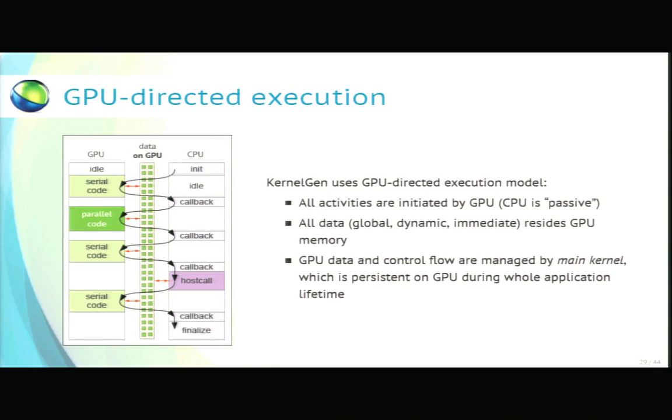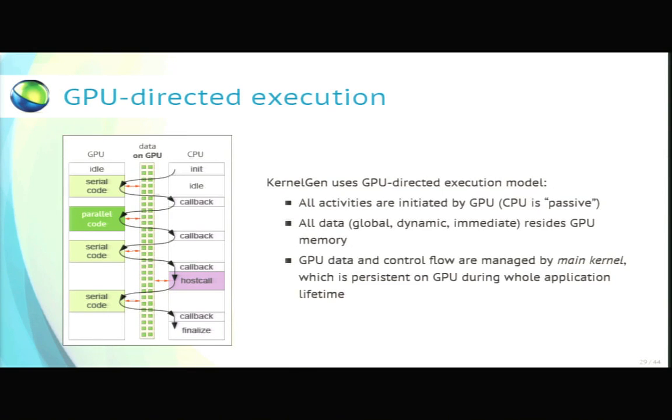Another unusual thing is how execution flow is organized in KernelGen. Instead of the usual active CPU and passive GPU, we have an active GPU, which means the GPU tries to manage as much as it can by means of running a so-called main kernel, which is a one-thread kernel, persistently on the GPU during the whole application lifetime.